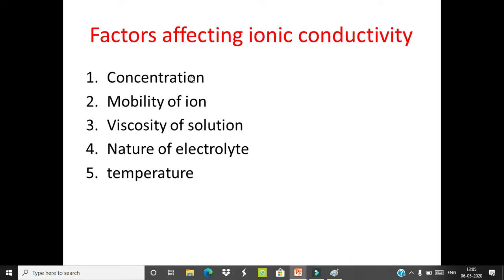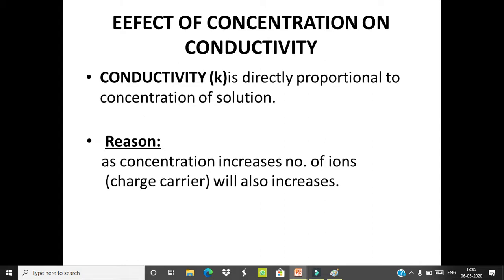What about the concentration? As the concentration increases, ionic conductivity will decrease, because ionic conductivity is inversely proportional to concentration and directly proportional to dilution.